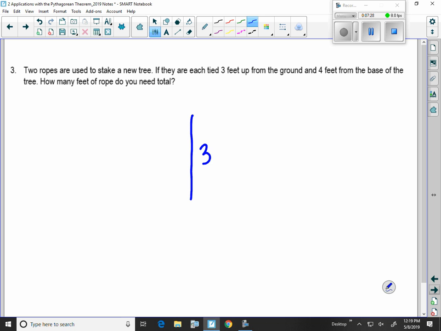The ropes are tied here, from the ground, and 4 feet from the base. So 4 feet from the base, 3 feet high. There are 2 ropes, we can only see one. How many feet of rope do you need total? Okay, so let's go ahead and solve for the hypotenuse first.